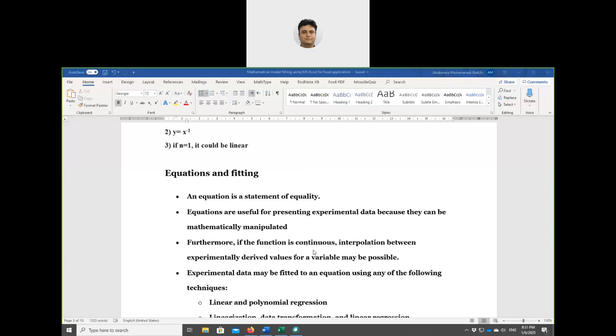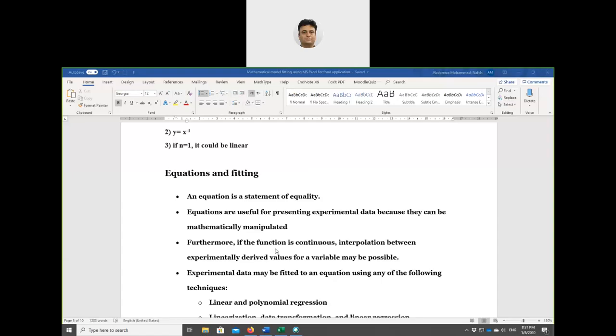You know, when we have a function, in the experiment you can only take some data, you cannot take all of the data. For example, loss of antioxidant during time: you cannot measure for all the time, but you can measure for some times.